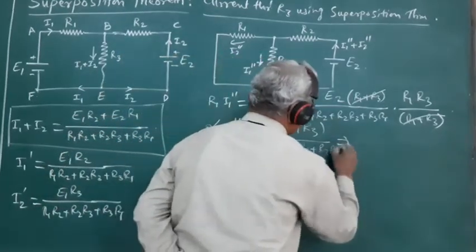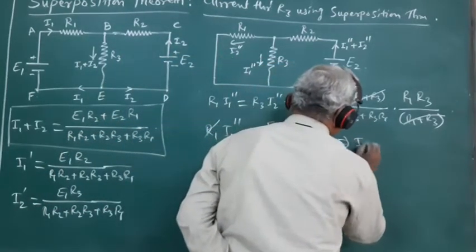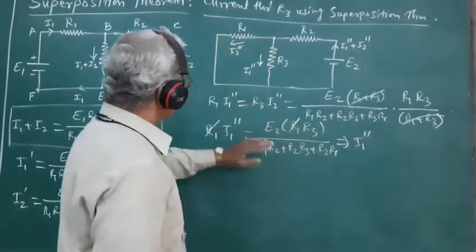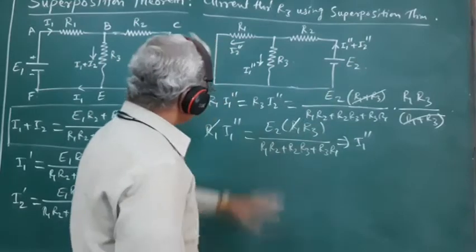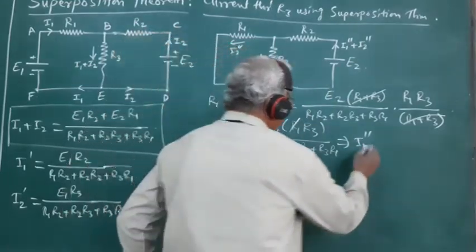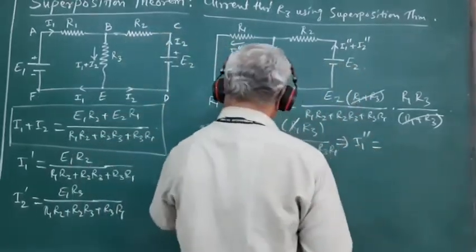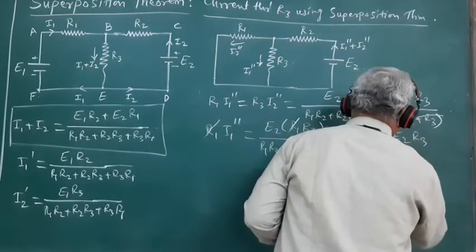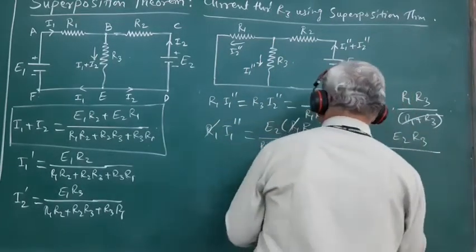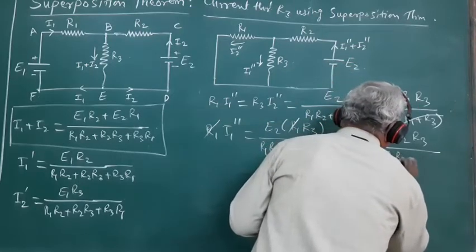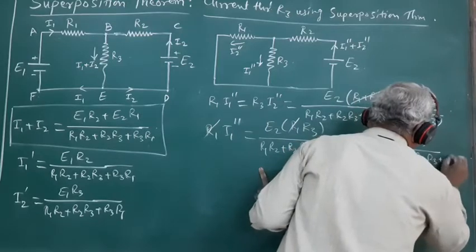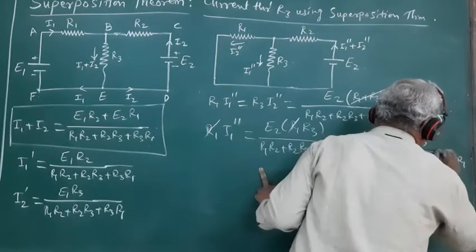So this implies the expression for the current I1 double prime that flows through R3 only due to E2 in the absence of E1. I1 double prime is equal to E2 R3 divided by R1 R2 plus R2 R3 plus R3 R1.